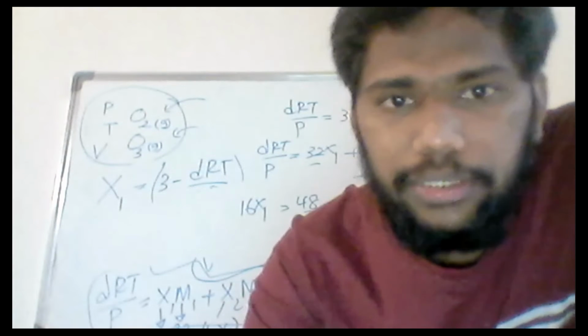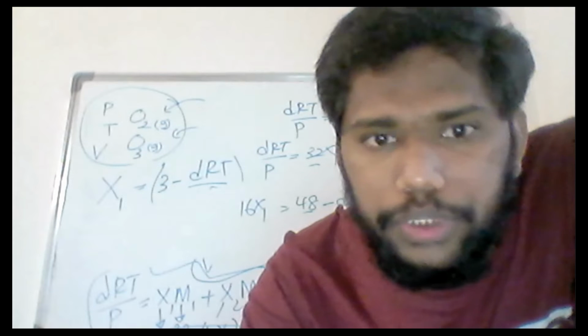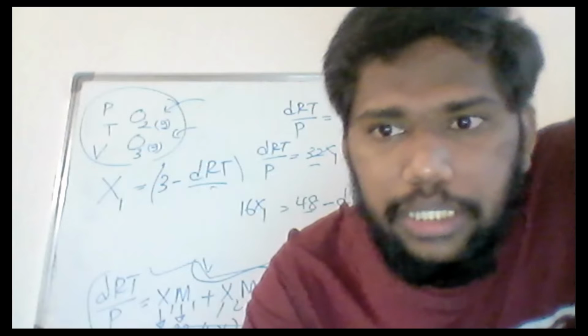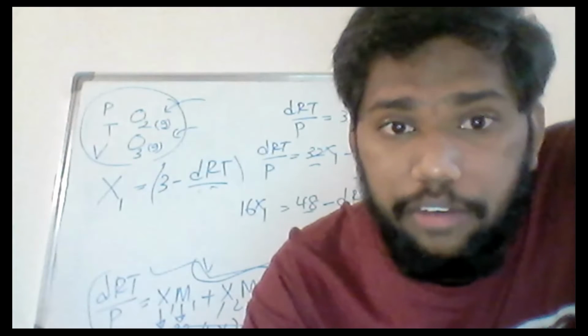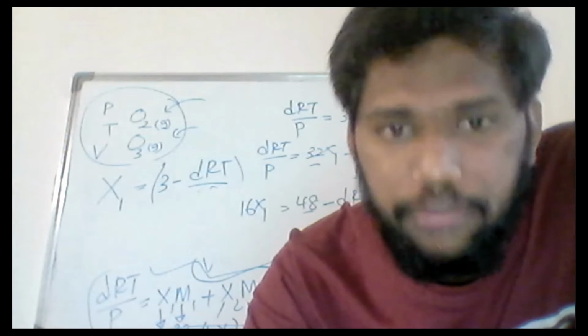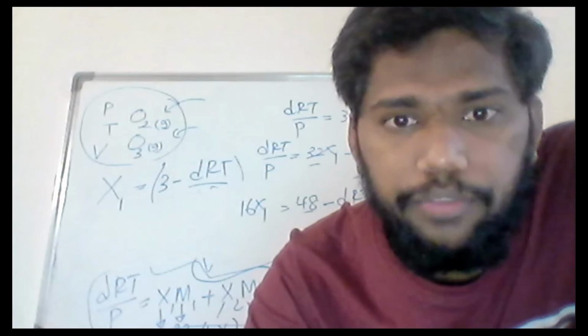Okay, so that part of question number 3 is done. Now we will go to question number 3, part B. Here you are given a set of reduction potentials: for Br2 becoming Br minus, it is 1.07 volts, and I2 to I minus, it is 0.54 volts.